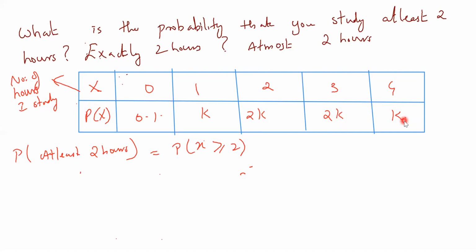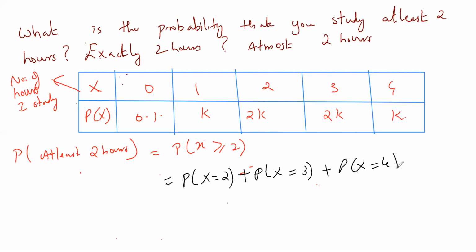Which means nothing but P of x is equal to 2 plus P of x is equal to 3 plus P of x is equal to 4 respectively. So 2k plus 2k plus k, that is 5k. What is the k value? 0.15. So 5 into 0.15, that is 0.75, that's all.